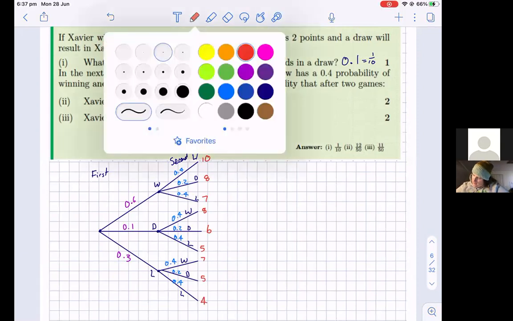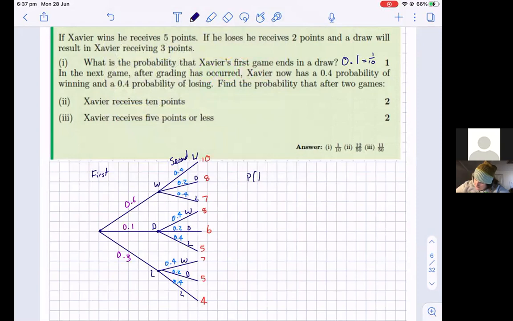So the probability he gets 10 points: there's only one way for him to get 10 points. So it's just 0.6 times 0.4, which is 0.24, which is 12/50ths. I don't know why they gave it in terms of 50ths. That's so weird. Okay, and P of 5 points or less: we've got draw and a loss, loss and a draw, and loss and a loss.